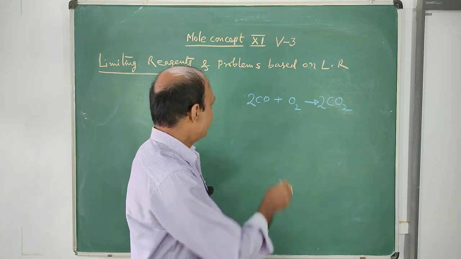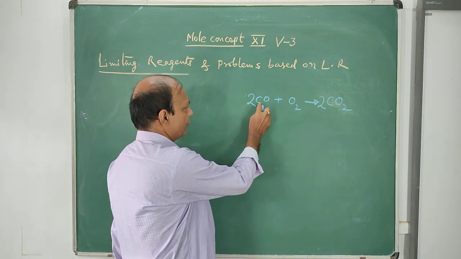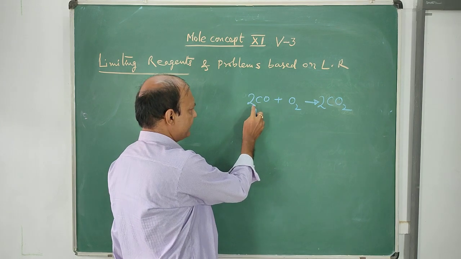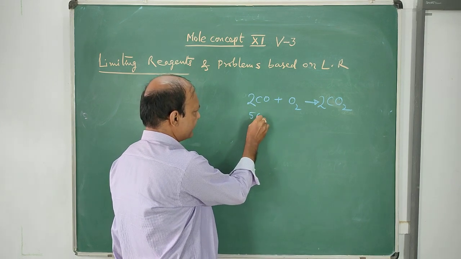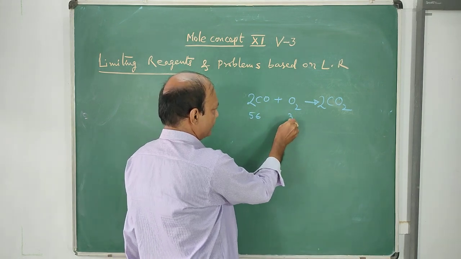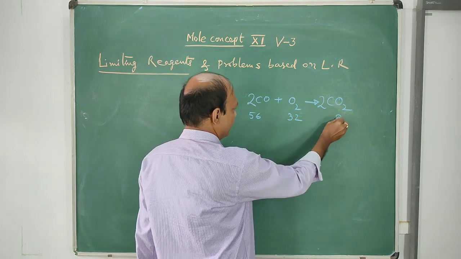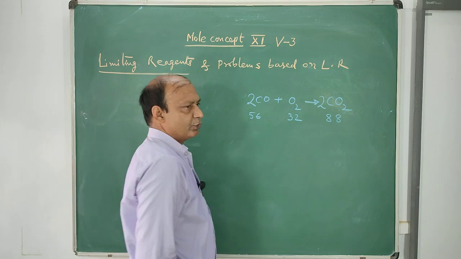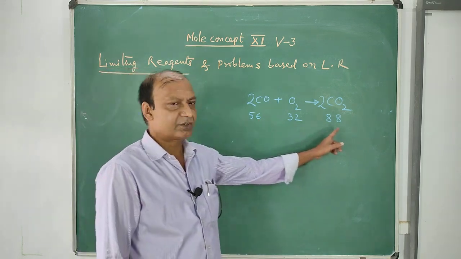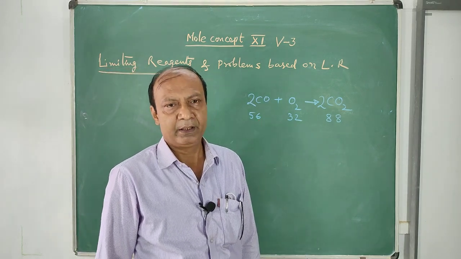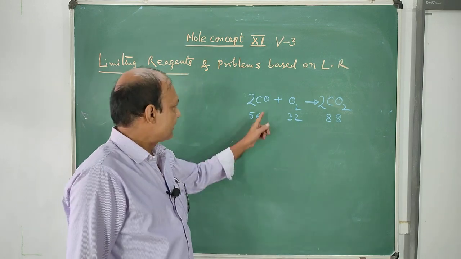Let us see. Carbon monoxide: 12 plus 16, 28, into 2, 56. Oxygen: 32. And the mass of carbon dioxide formed equals 88. So this is the mass involvement in the chemical reaction.